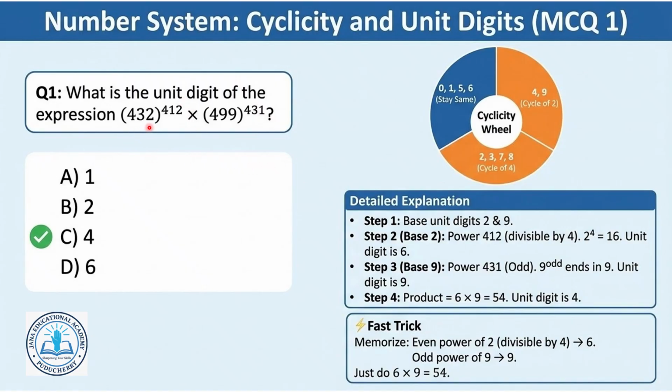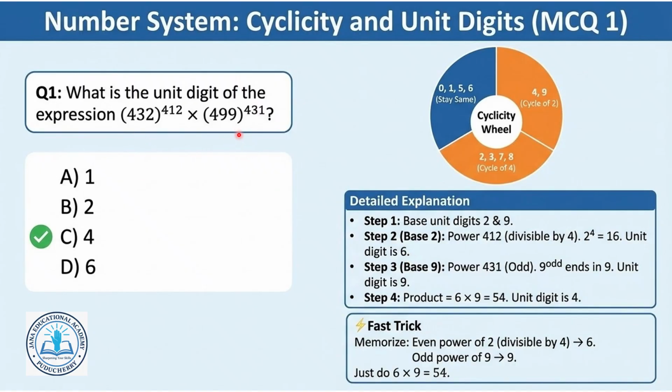You already know the last digit is 2, so we can write it as 2 to the power 4. 2 to the power 4 is 2 into 2 into 2 into 2: 2 twos are 4, 4 twos are 8, 8 twos are 16. In 16, what is the last digit? The last digit is 6.